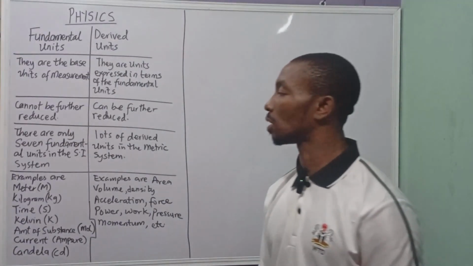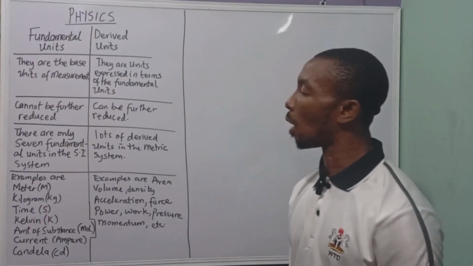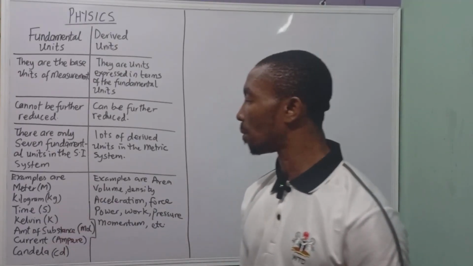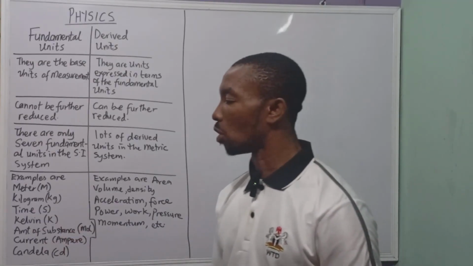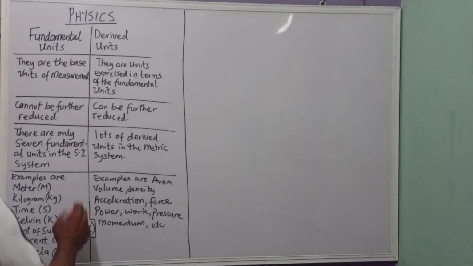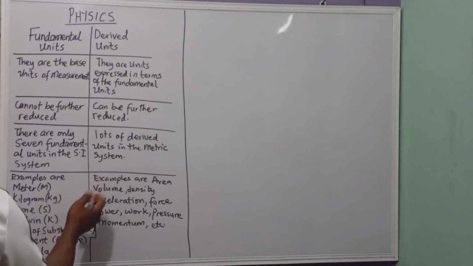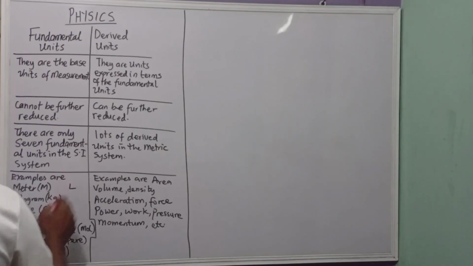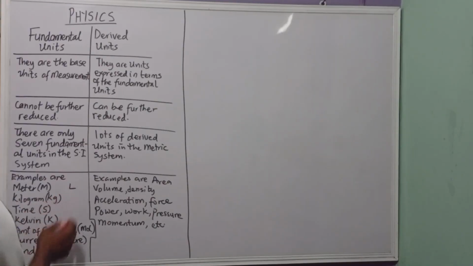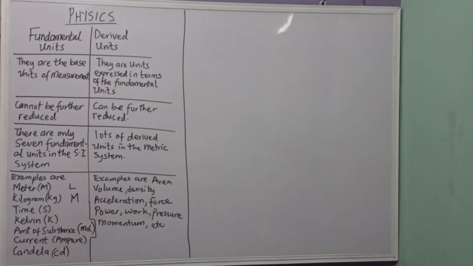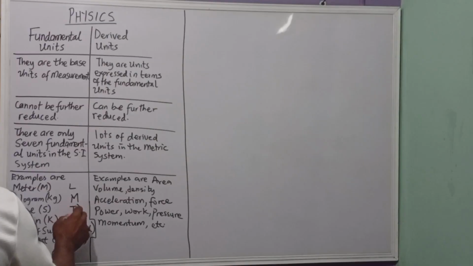In our metric system there are just 7 of them, and we have them as the meter, the kilogram, and time. The meter in dimensions is referred to as L, the kilogram is referred to as mass, and time is referred to as time.